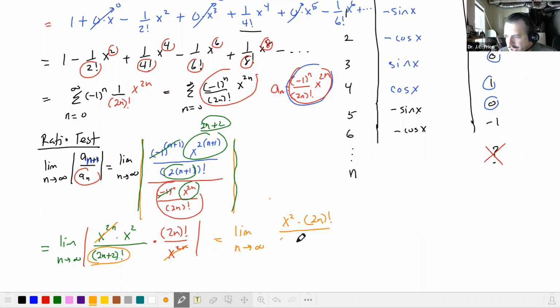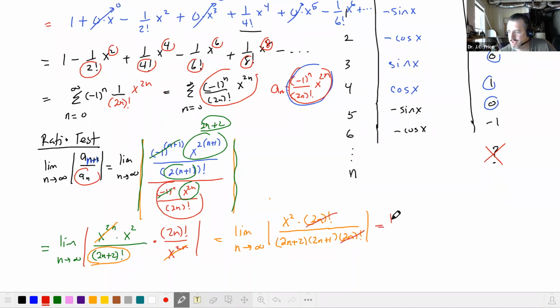That's 2n plus 2 times, take away 1, so it's 2n plus 1, times, take away 1, so it's 2n, and you keep on going, so it's 2n factorial afterwards. And again, that's absolute valued. And so you can kind of see how it really cancels here. So the 2n factorials are going to cancel.